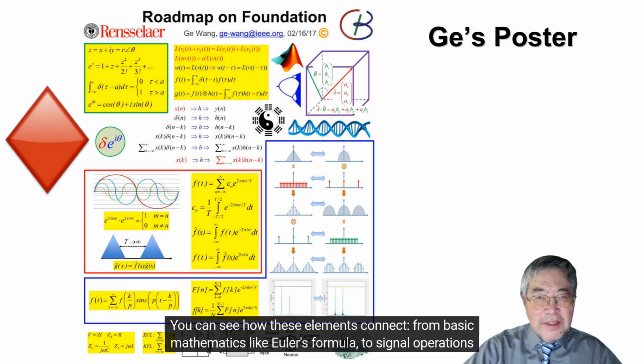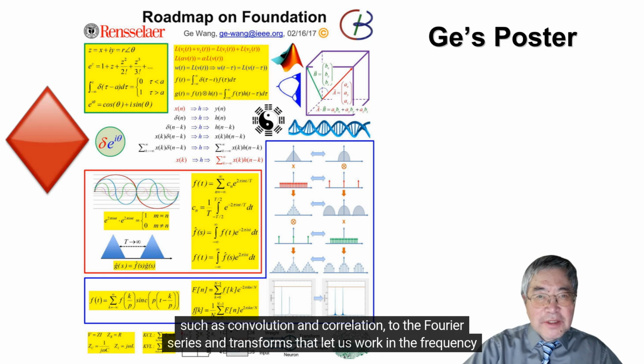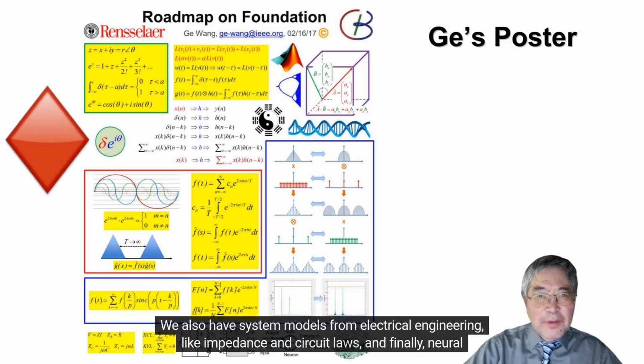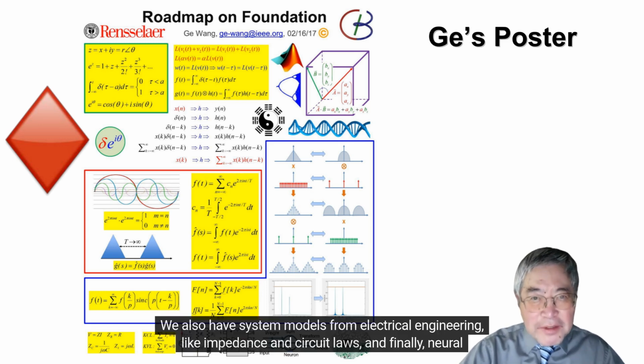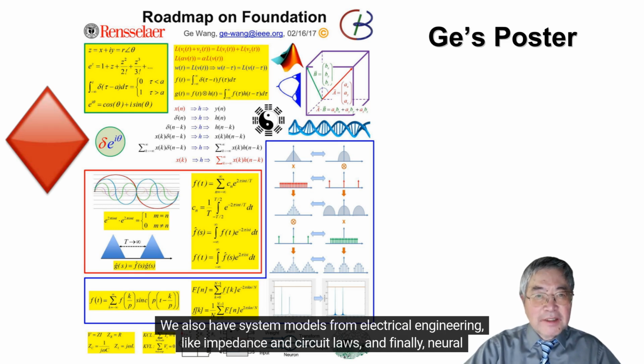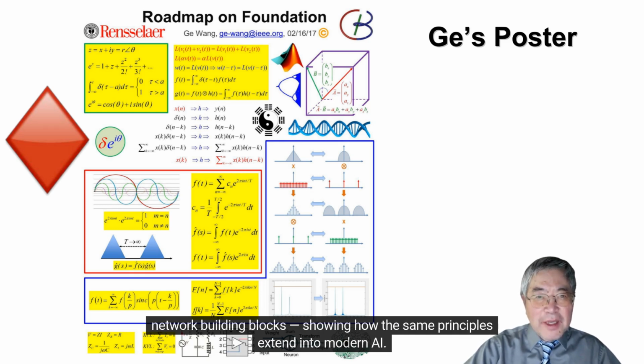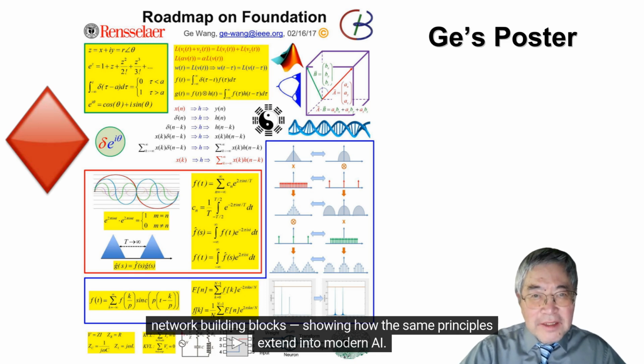You can see how these elements connect, from basic mathematics like Euler's formula to signal operations such as convolution and correlation to the Fourier series and transforms that let us work in the frequency domain. We also have system models from electrical engineering like impedance and circuit laws, and finally neural network building blocks, showing how the same principles extend into modern AI.